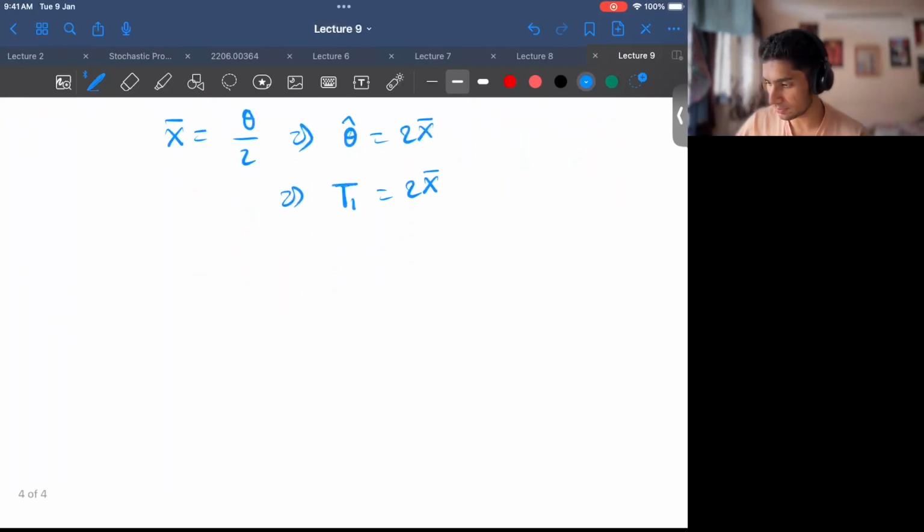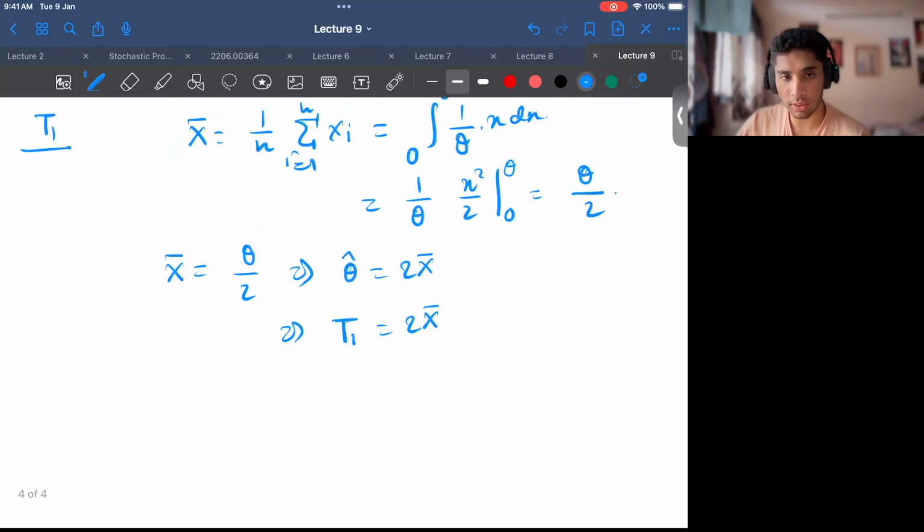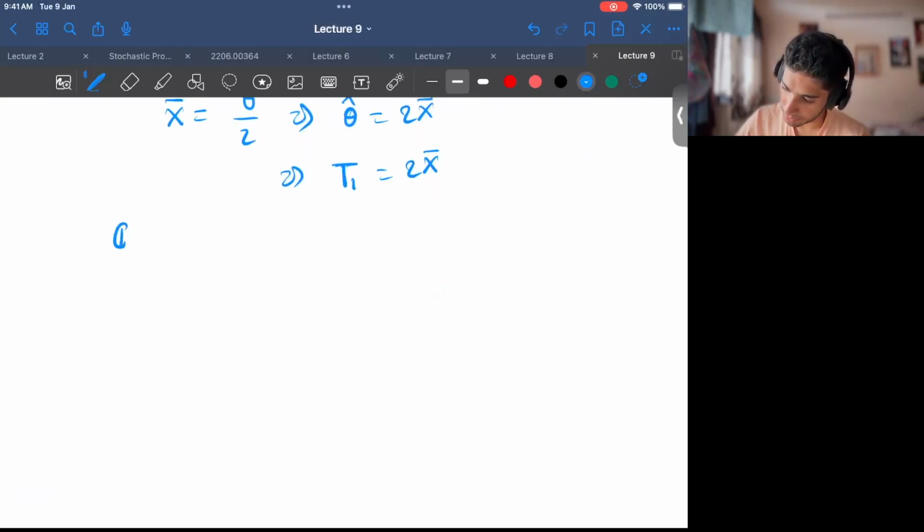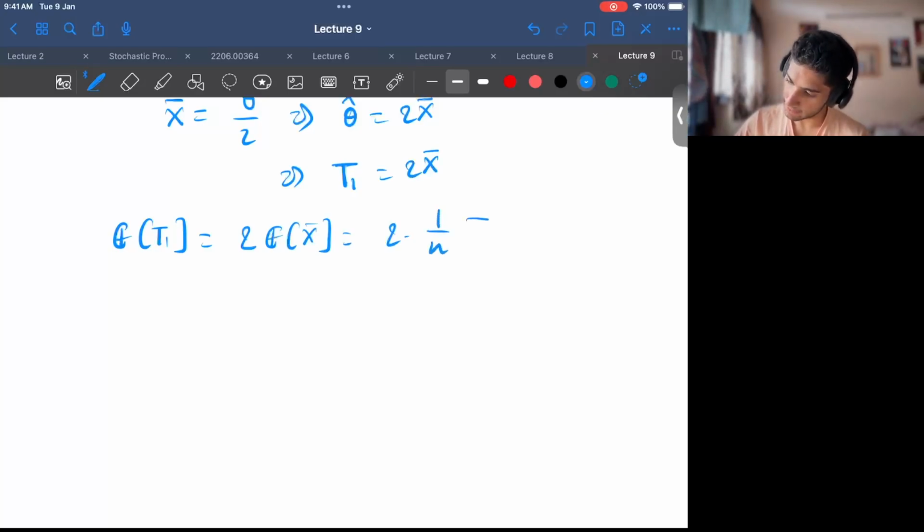So what about the biasness and consistency of this estimator? For biasness, you need to first find the expected value of T1. It's 2 times the expected value of x bar, which is 2 times 1 by n summation i equal to 1 to n of the expected value of xi.